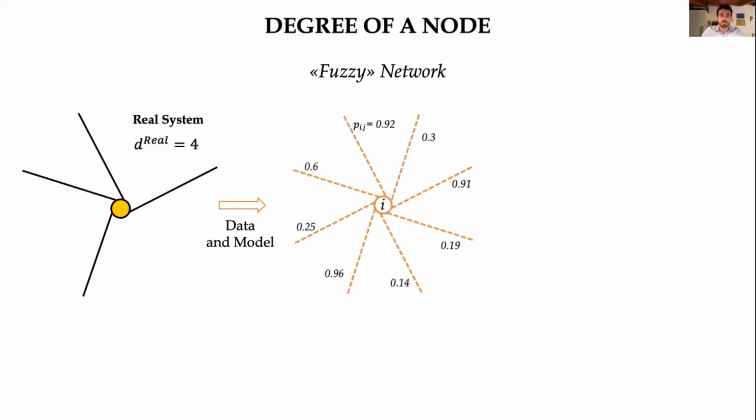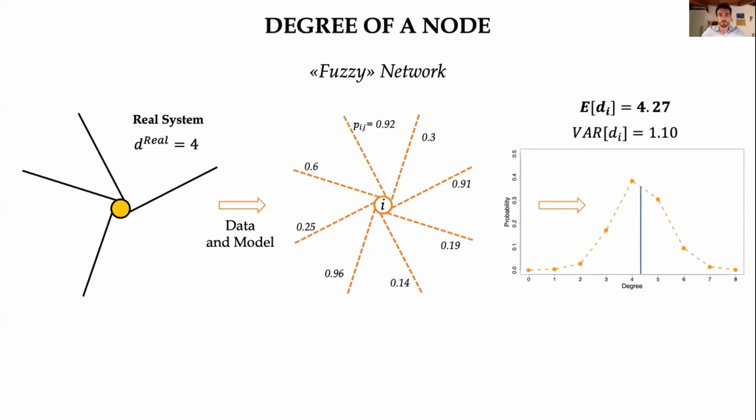So from this point, we have our fuzzy network, or fuzzy node in this case. It is to be noticed that now it doesn't even make sense to ask for the degree of this node, because this node has all the possible degrees at the same time, each one with a certain probability. So we obtain a complete degree distribution for the single node degree.